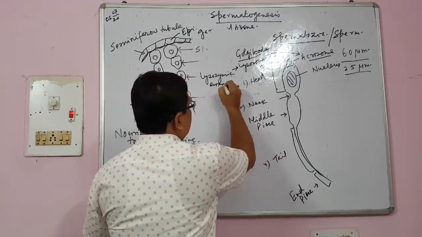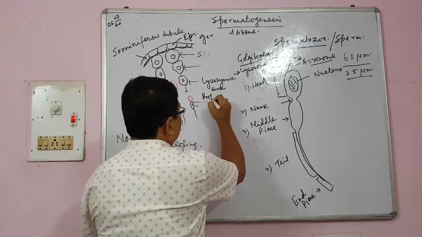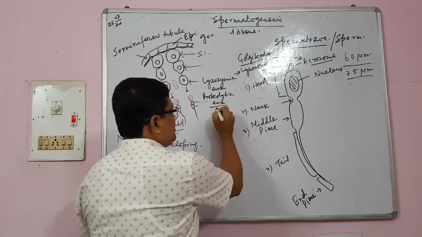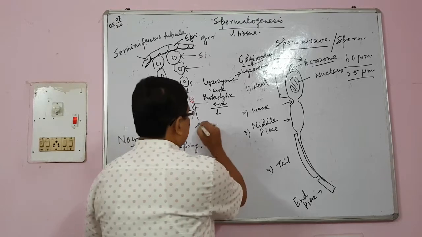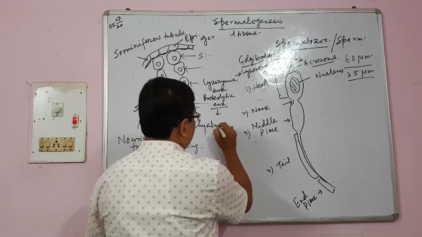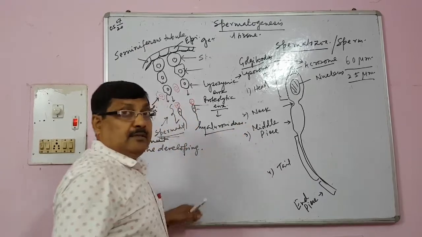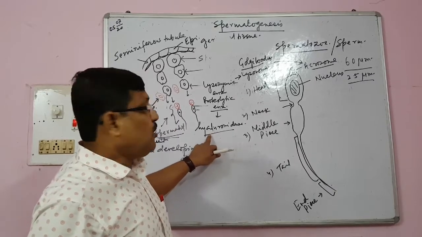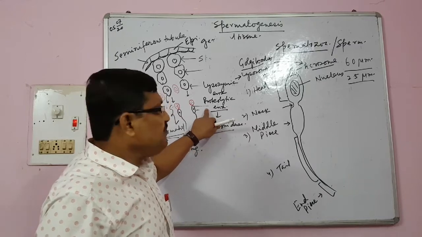Lysozymic enzyme is a kind of proteolytic enzyme, and this proteolytic enzyme mainly contains hyaluronidase. Okay? This hyaluronidase, or proteolytic enzyme, may be called a hydrolytic enzyme.